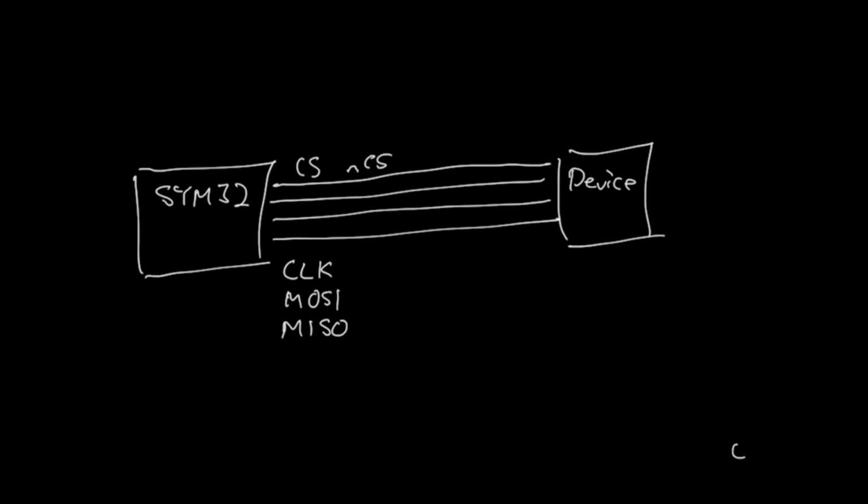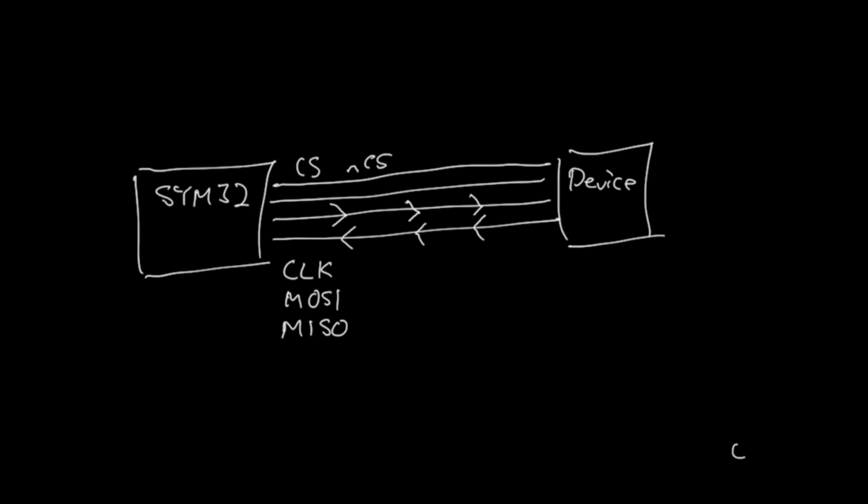In this instance, if the STM32 is being the master device, it will allow data to be sent from the STM32 to the device. So that goes in that direction. And our MISO signal goes in the opposite direction and stands for master in, slave out.